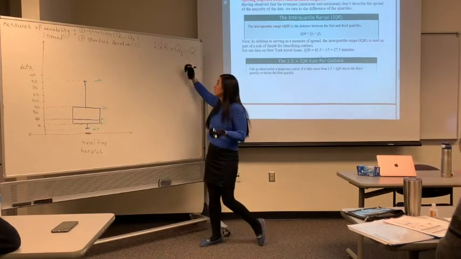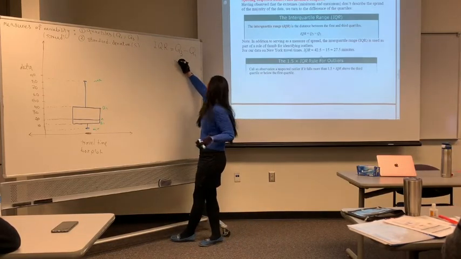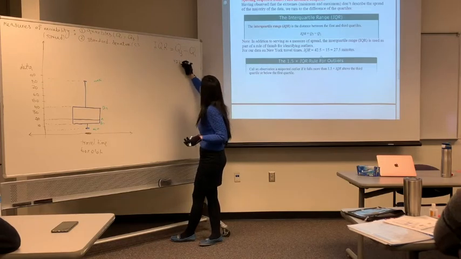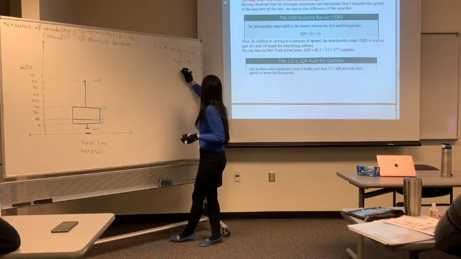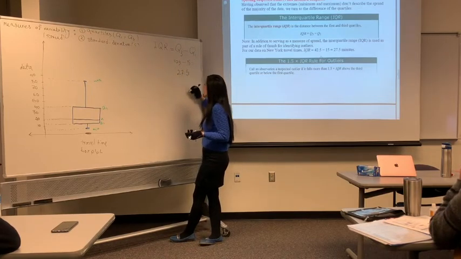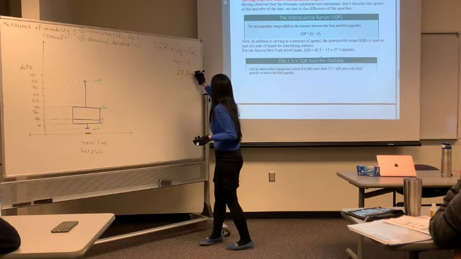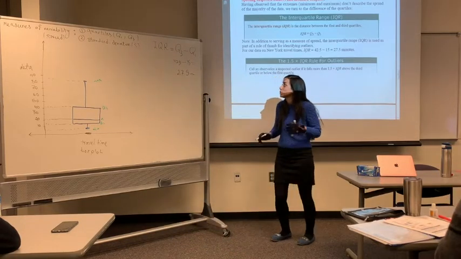In our example, the third quartile was 42.5 minus 15. The interquartile range is 27.5. This is travel time, that's why we have a unit of measurement, okay?